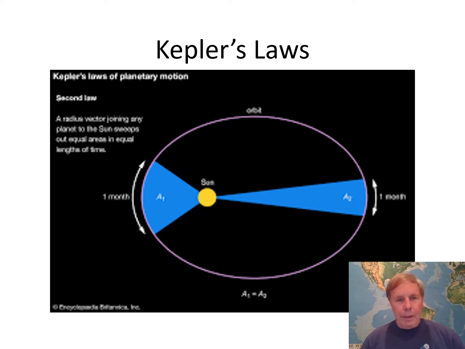Basically what we're looking at here is the sun and a planet going around it. This is one of the things you're going to verify in this lab, what's called the equal areas law. It simply says that when the planet is close to the sun, it's moving faster than when it's further away. So if we sweep out equal time periods between here and here and here and here, the area in this sector will be the same as the area in this sector.